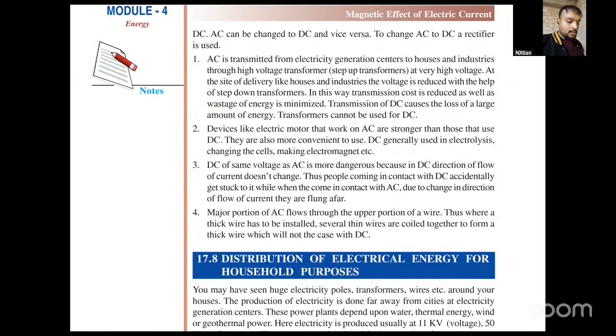If you check every appliance, you will find it is written 220 volt to 240 volt. Appliances can handle 220 to 240 volt. If it comes as 250 volt, that appliance will burn.